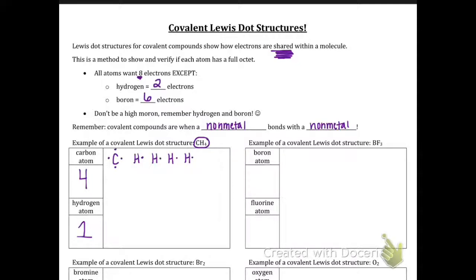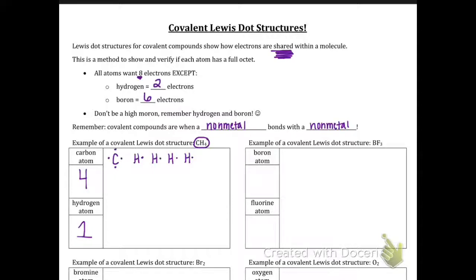All right, so how can we rearrange our carbon and hydrogen so that they're sharing electrons and everybody's happy because they have 8 electrons, or hydrogen here gets 2? Well, anytime you see a lone little electron, so all the dots on carbon are very lonesome, then what you can do is you can pair them with a buddy.